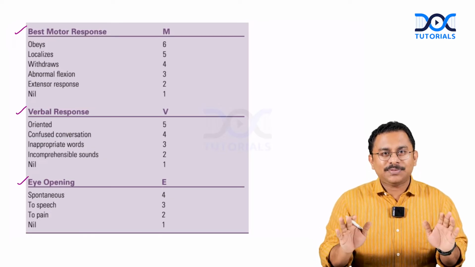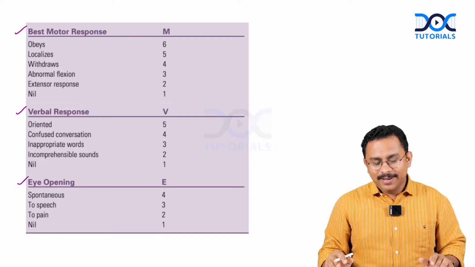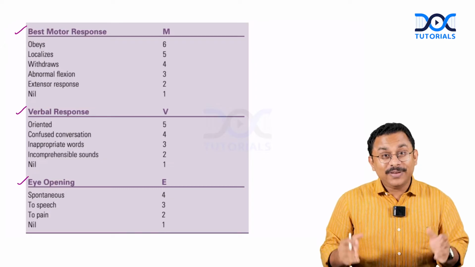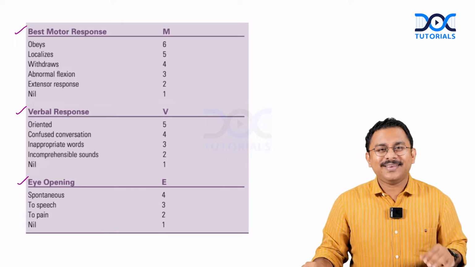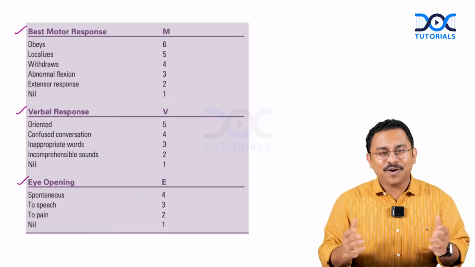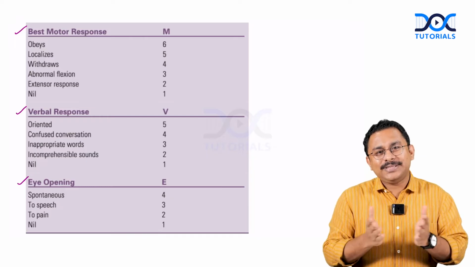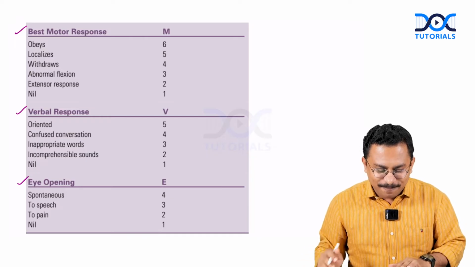So the maximum total score will be 15 on 15, right? And the minimum score will be 3, okay? So even if someone is dead, you will still have a score of 3. In a world full of competition, it's strange that someone who is dead will still have a score with him. Okay, so that's it.